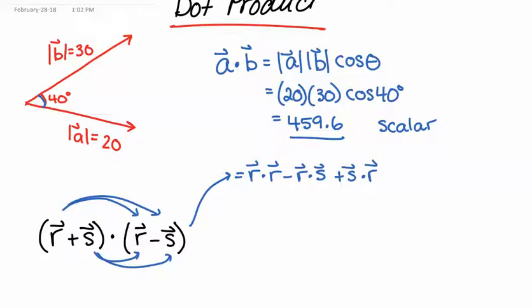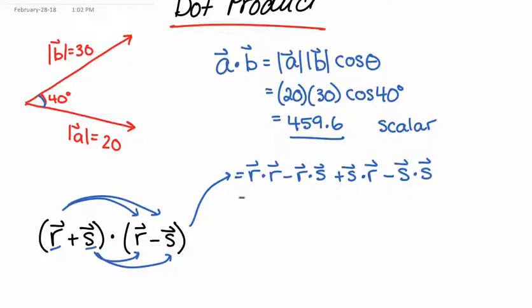And then finally positive vector s dot negative vector s, so it's going to be negative vector s dot vector s. So I just expanded each one, started with the first one, did the dot product, then the next one, dot product.